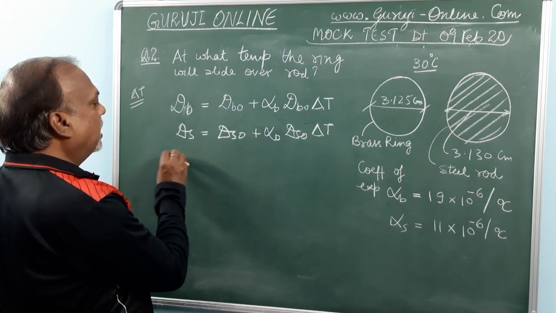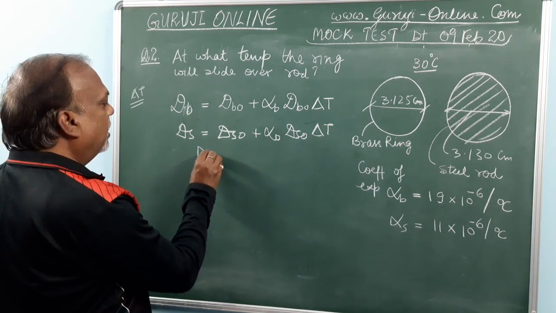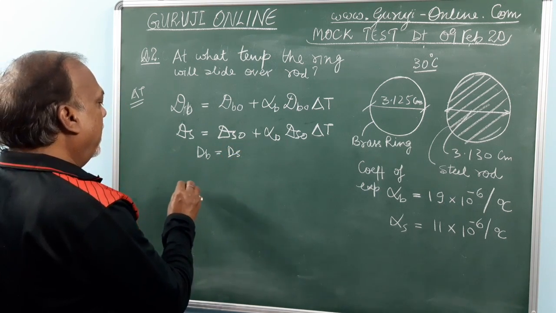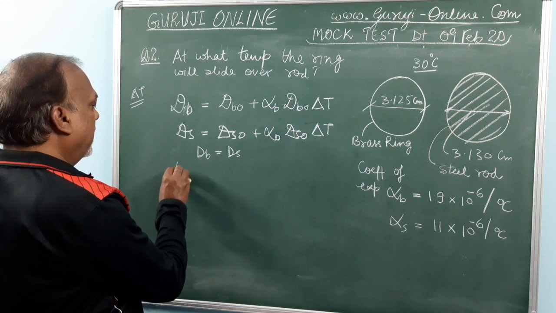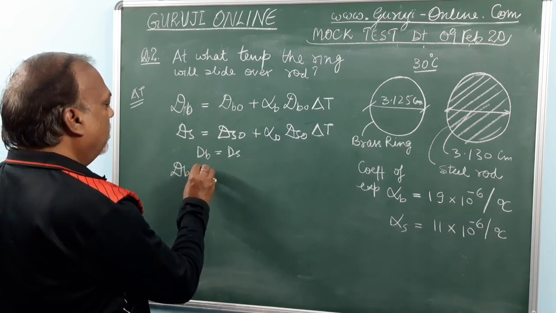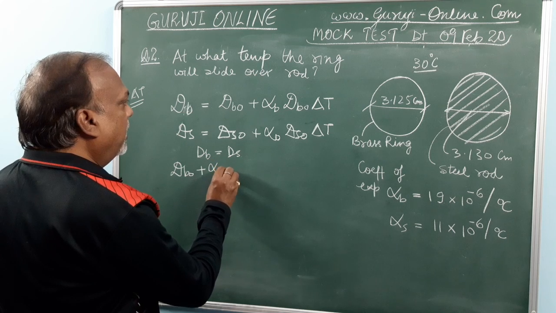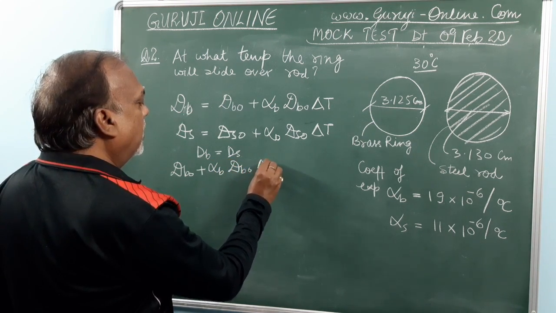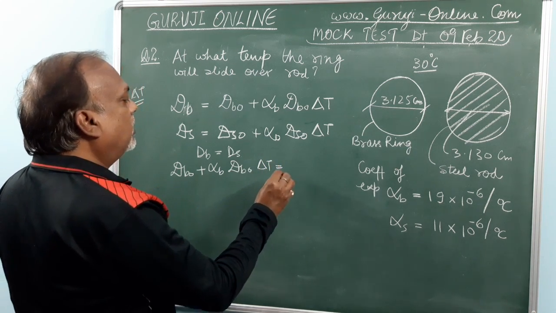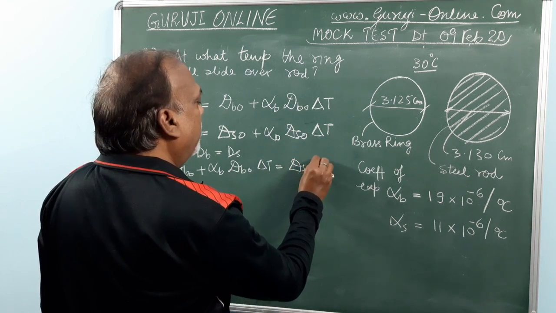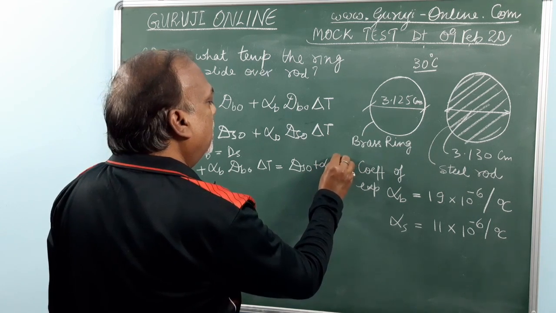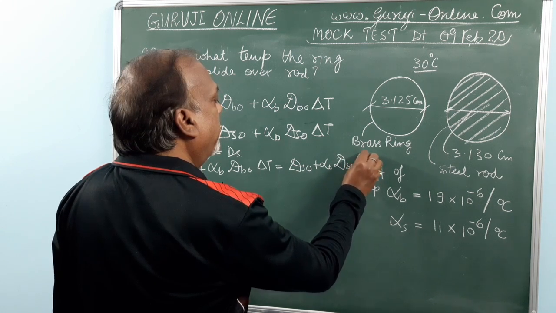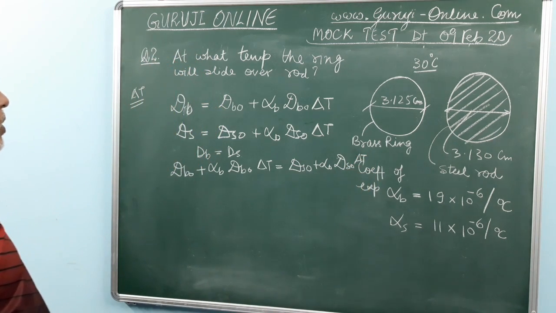That means in that situation, dB must be equal to dS. So we can write dBO plus alpha B dBO, that is original, must be equal to dSO plus alpha S dSO into delta T. Correct? So delta T we can find out.